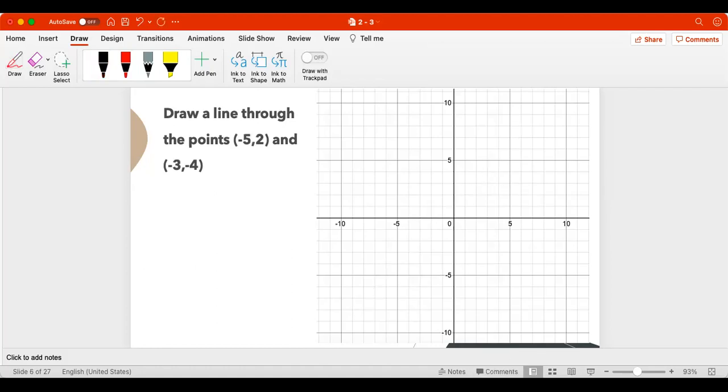So let's try to draw another line through the points -5, 2 and -3, -4. So here is the point -5, 2. And then -3, it's right here, and then down 4.